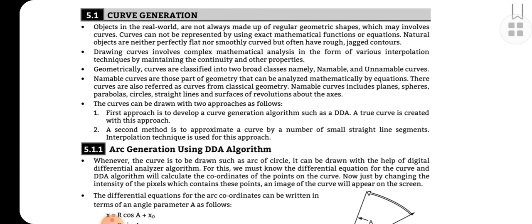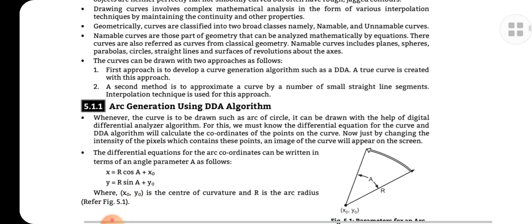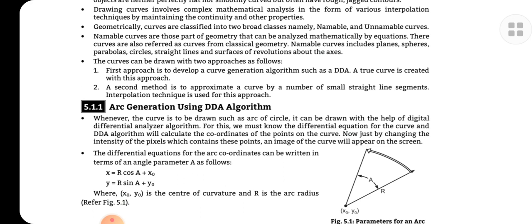Now, by just changing the intensity of the pixels which contain these points, an image of the curve will appear on the screen. These differential equations for the arc coordinates can be written in terms of an angle parameter A as follows. x = r cos A + x0, y = r sin A + y0, where x0 and y0 is the center of curvature and r is the arc radius.